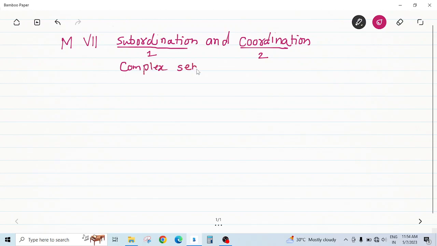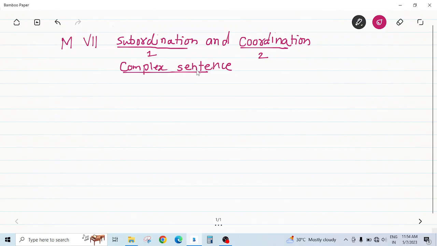Do you understand? So, with the help of these two processes, that is subordination and coordination, we make complex sentences.